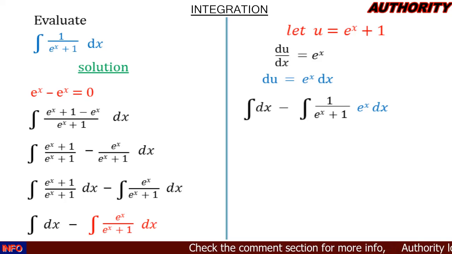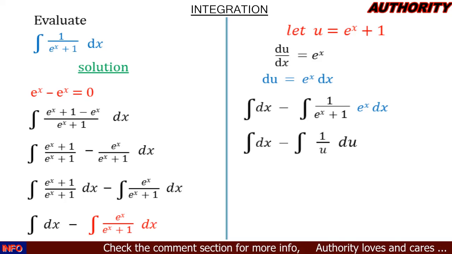Now in this place here, we make substitution. We substitute for e to the power of x plus 1, and in place of e to the power of x dx, we replace it with du. Going with the proper substitution, we are going to have the integral of dx minus the integral of 1 all over u, in place of e to the power of x plus 1, and du in place of e to the power of x dx.